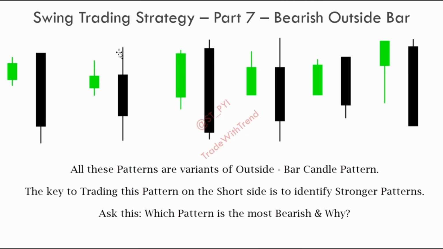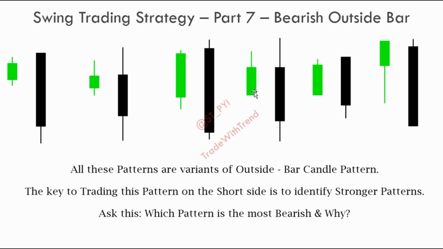At some point during the day, it makes a high, and then it completely closes below the low of this candle, right? Now look at this candle. This has been a fairly bullish candle signifying the previous trend. And the next day we get an open here. Price auctions high, makes a high here. Then it makes a low and closes nearly at the bottom point of the day. Again, completely engulfing this candle.